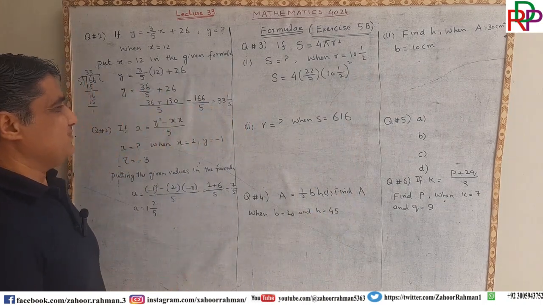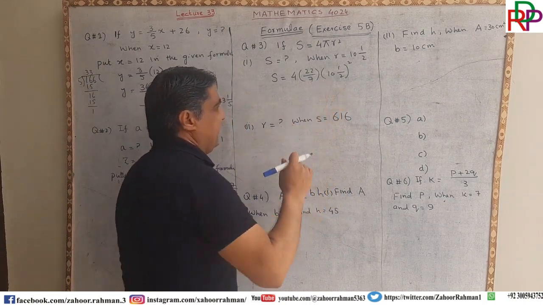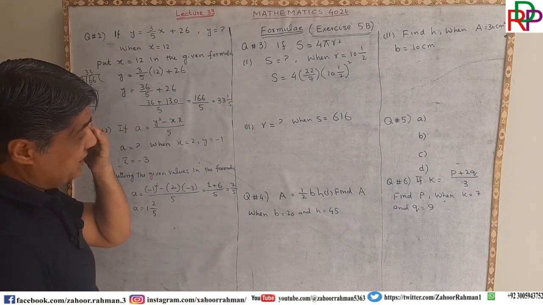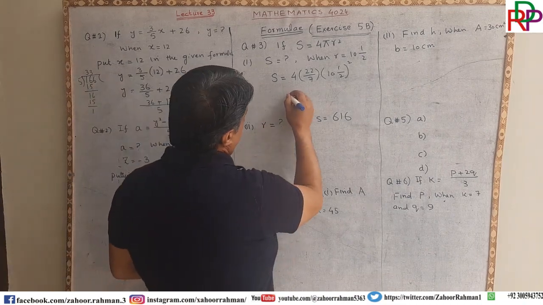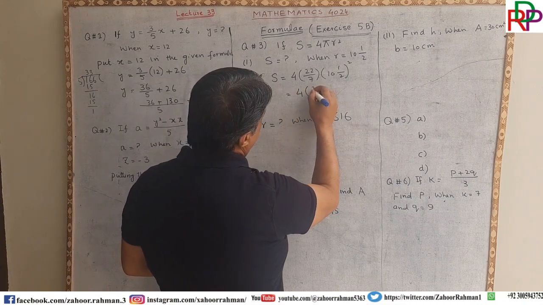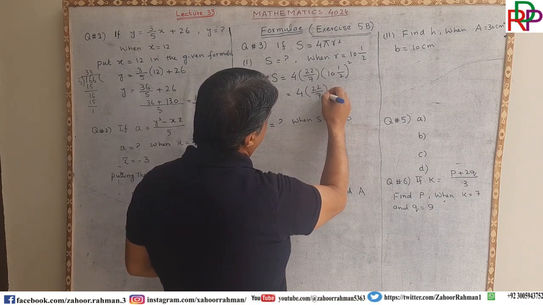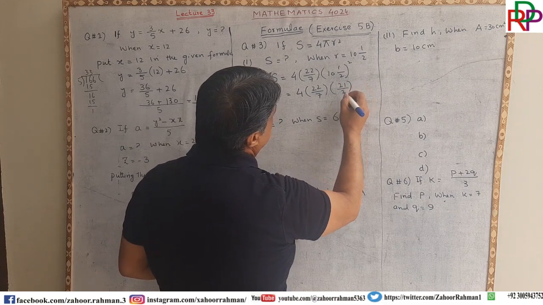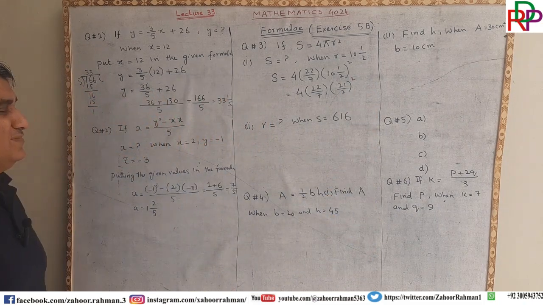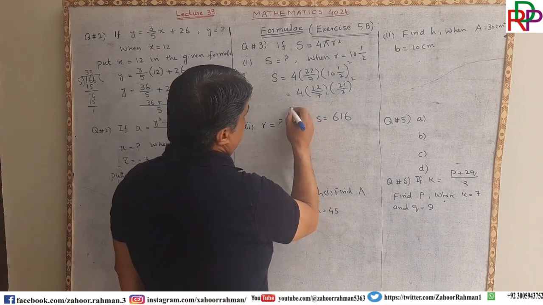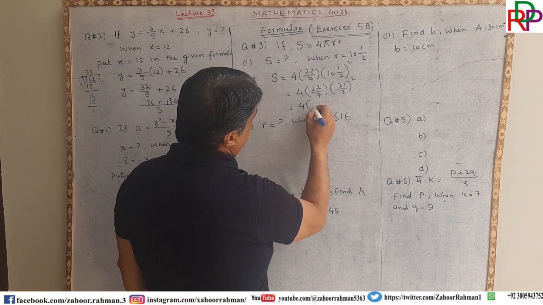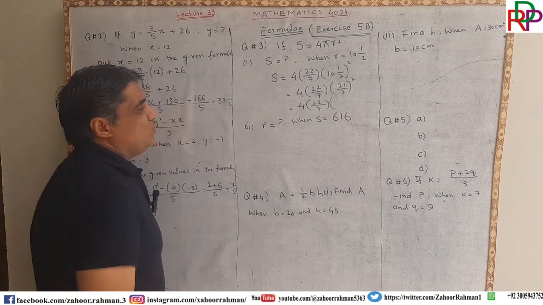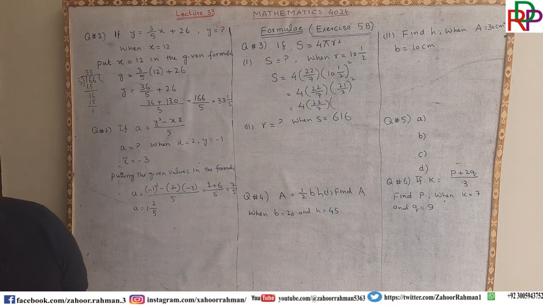Ladies and gentlemen, 10 and a half and 10 and a half when multiplied together, what will it yield? So 4 into 22 over 7 into 21 over 2 whole square. Now this will give you 4 into 22 over 7 into 21 multiplied with 21.